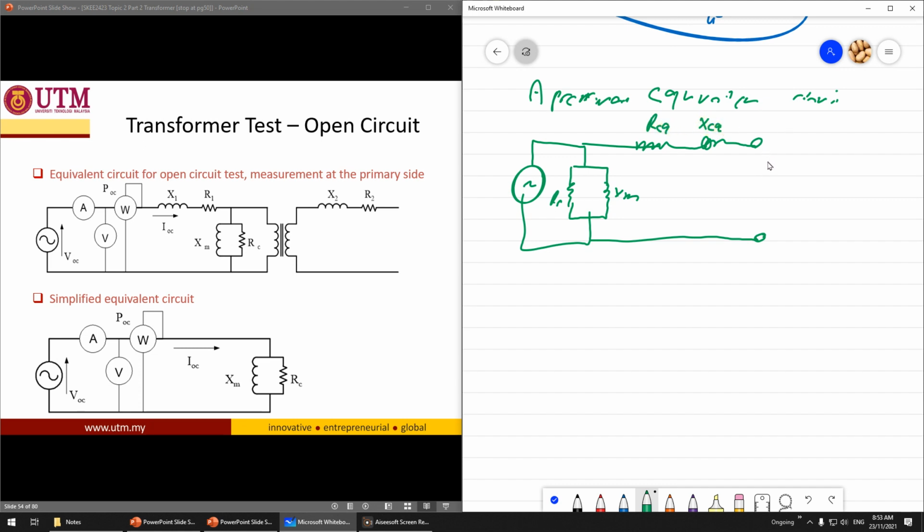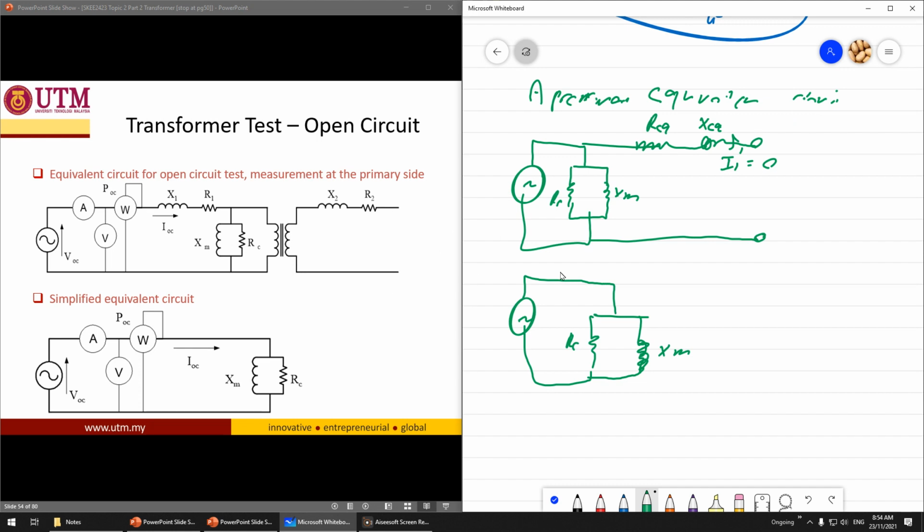When you do the open circuit test, I1 bar is equal to 0, so V here will be equal to 0. So this is just a redundant circuit. You just basically find out RC and XM. That's it. When you open circuit it, REQ and XEQ will be redundant.